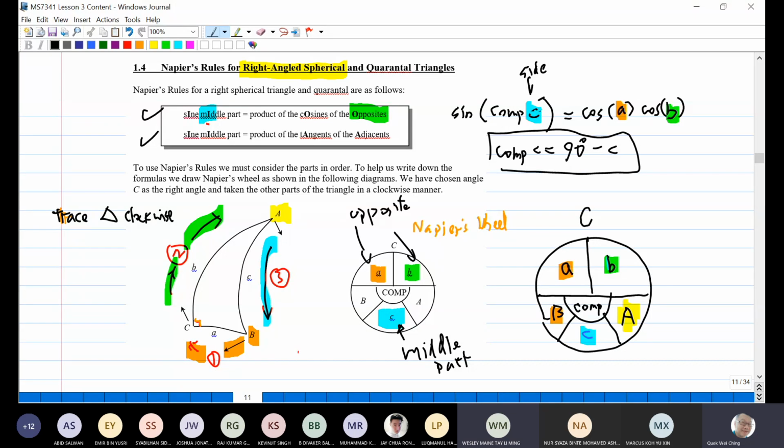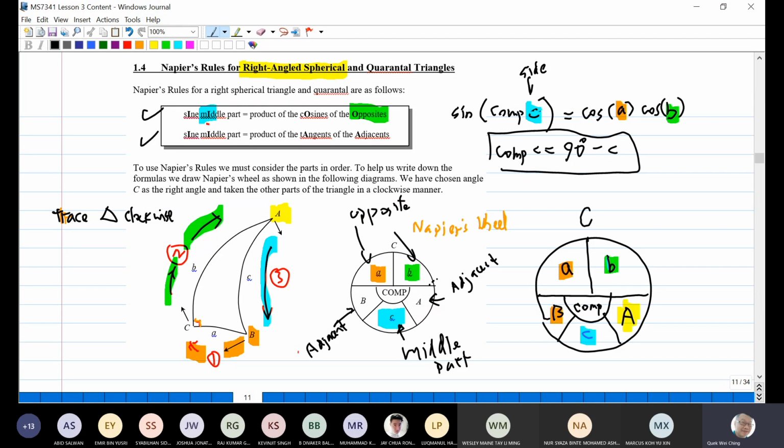If I use the same middle part here, then the two things next to it are called adjacent. These two are called adjacent, beside this.